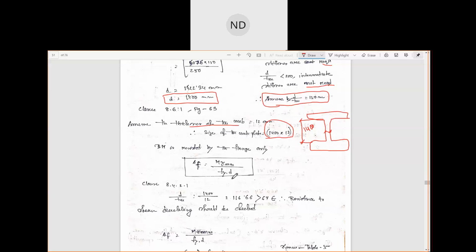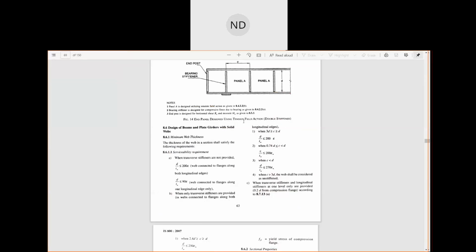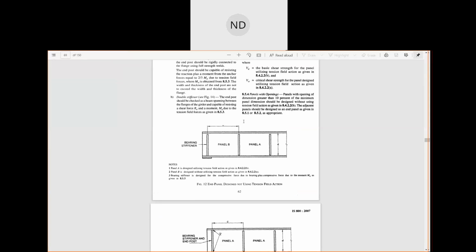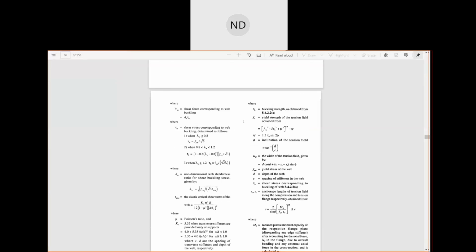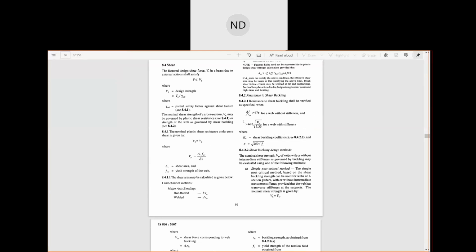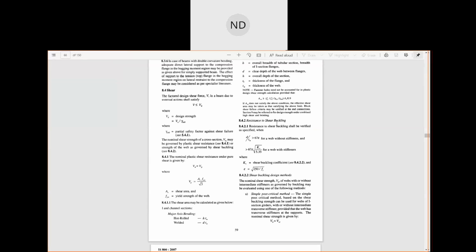In clause number 8.4.2.1, here you will see resistance to shear buckling. Resistance to shear buckling shall be verified as specified. D by tw should be greater than 67 epsilon.